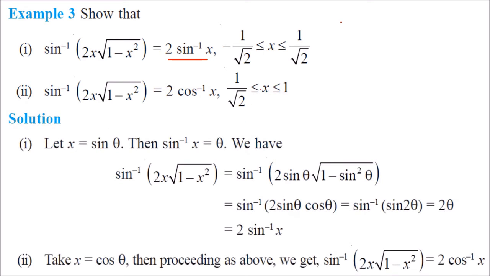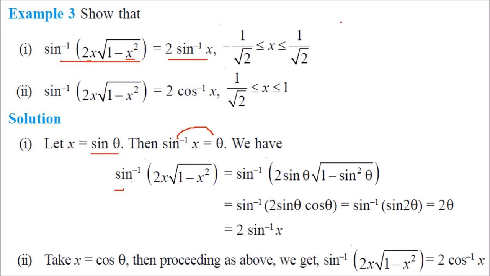For this, you have to be well versed with the formulas, the trigonometric relationships. We want to put something here so that we can get some sine stuff, so that we will be able to cancel the sine inverse and sine. So let us try, place x equal to sine theta here. So sine inverse x will be equal to theta.